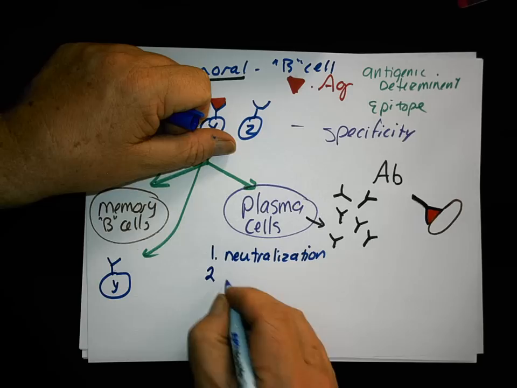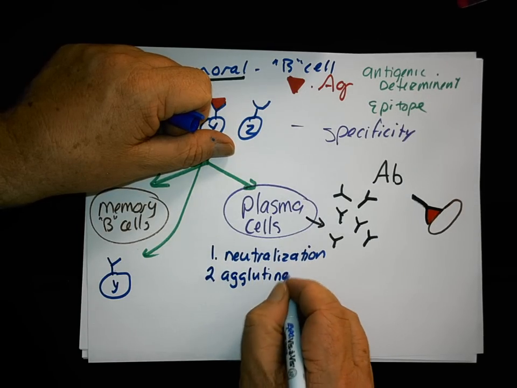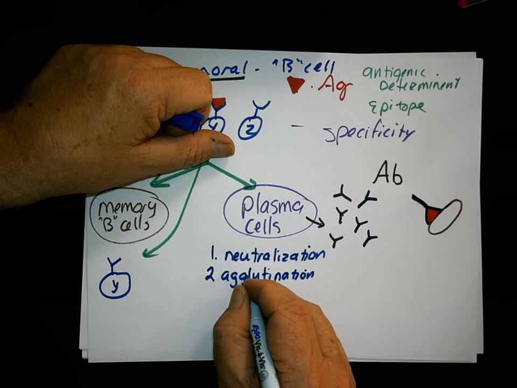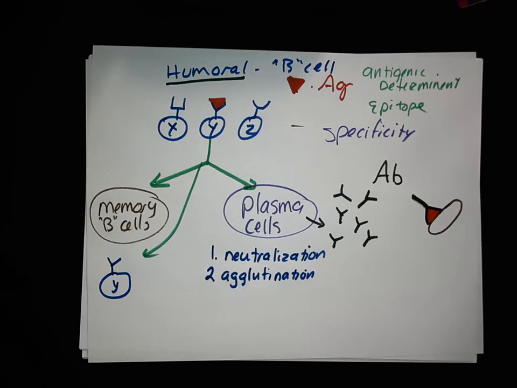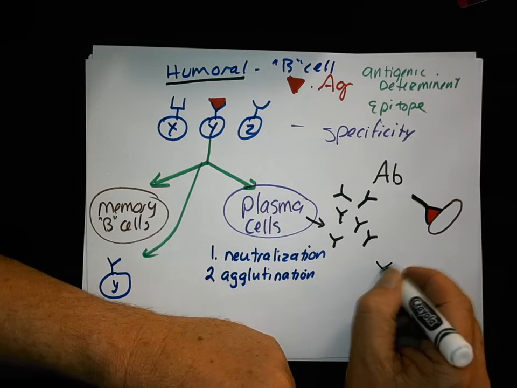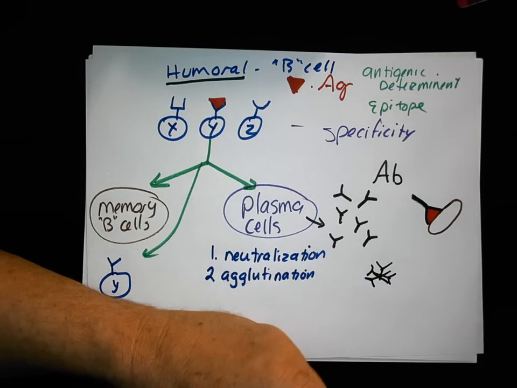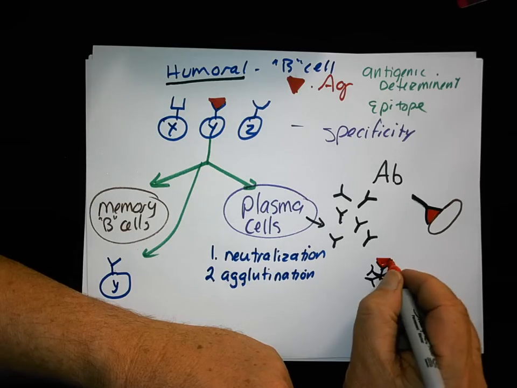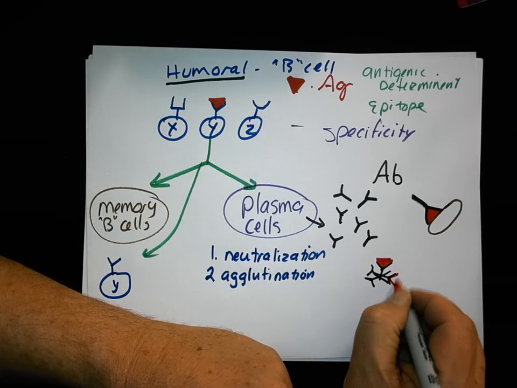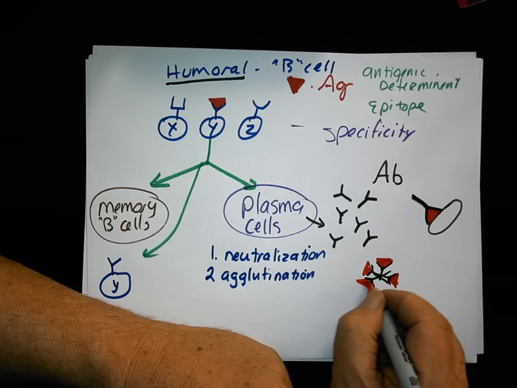Number 2. It causes agglutination. What happens here is all these antibodies with the antigens attached start getting tangled up.